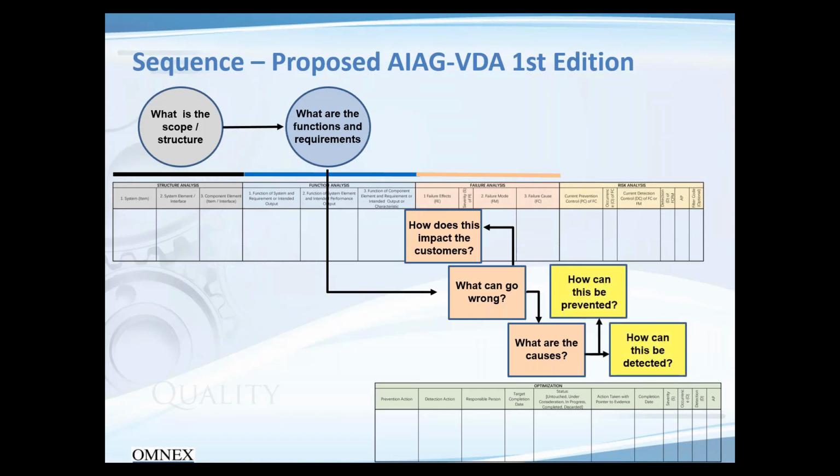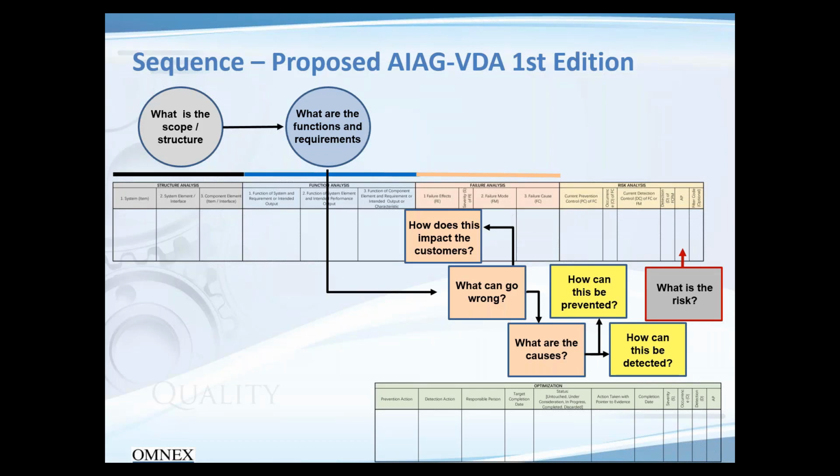And then you'd have to consider, how do we prevent this, and how can it be detected? So all that's interwoven in the analysis. And then we do the risk analysis, which I'll go into in a little more detail later.